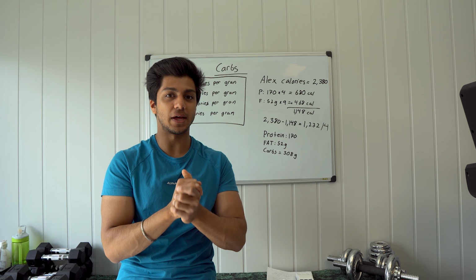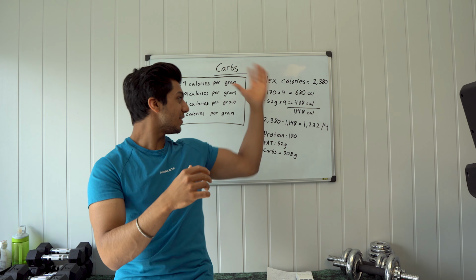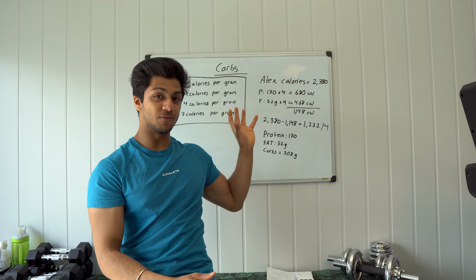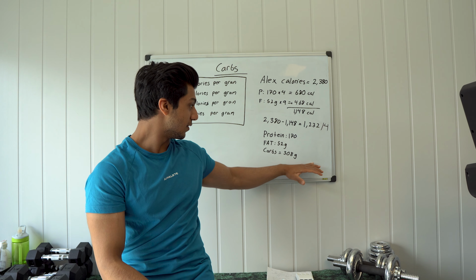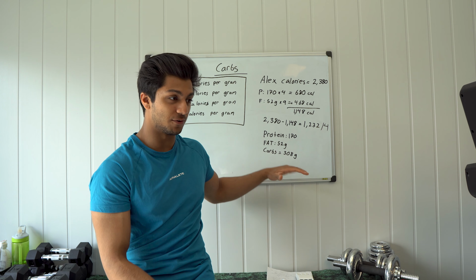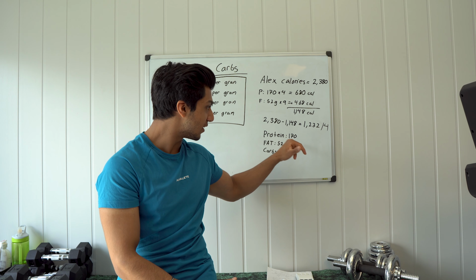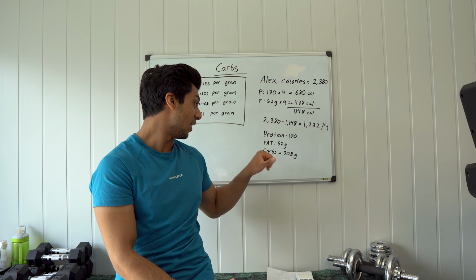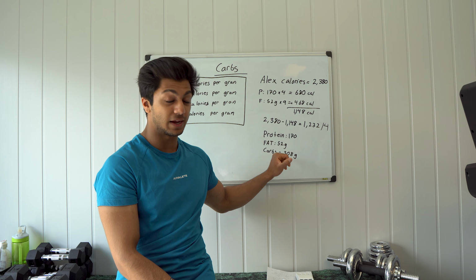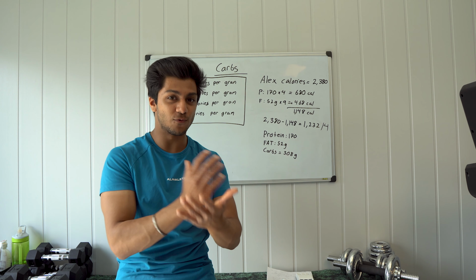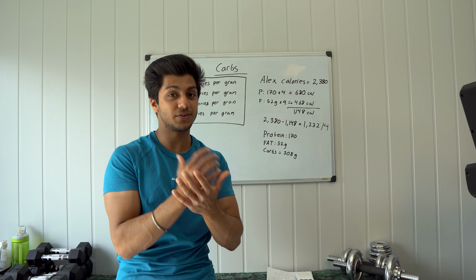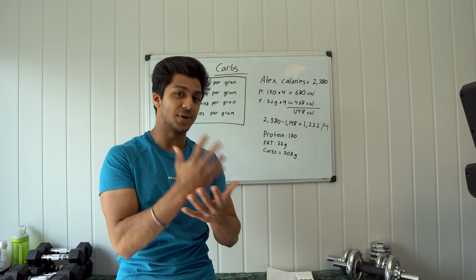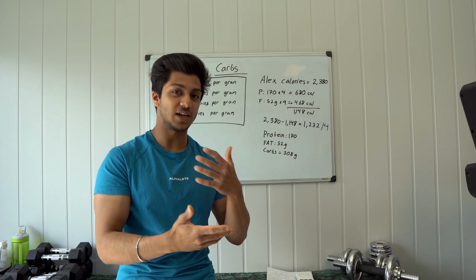And I just want to talk about diet. Of course, if you follow these numbers strictly, every single day, 170 grams of protein, 52 grams of fat, and 308 grams of carbs, you're going to get results much faster, but you should enjoy life too.